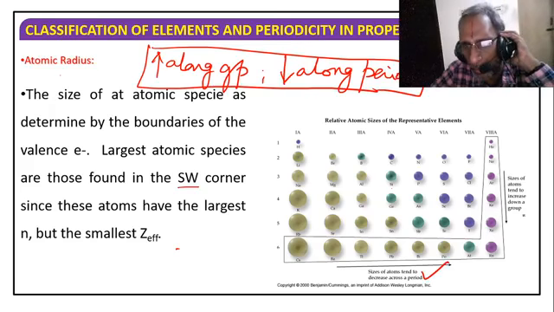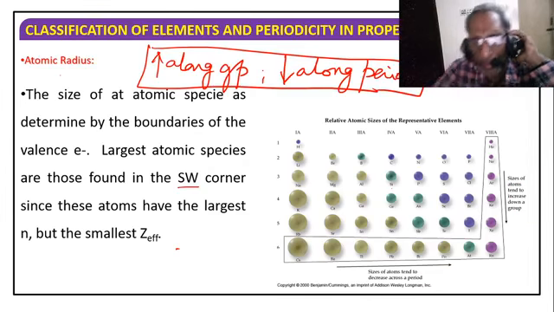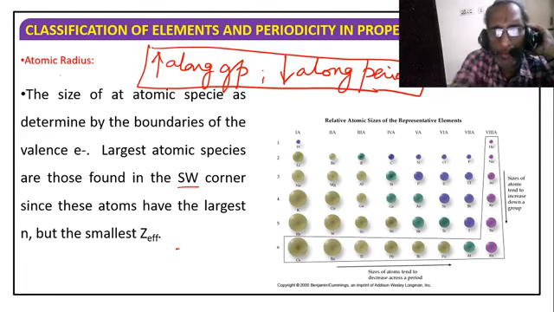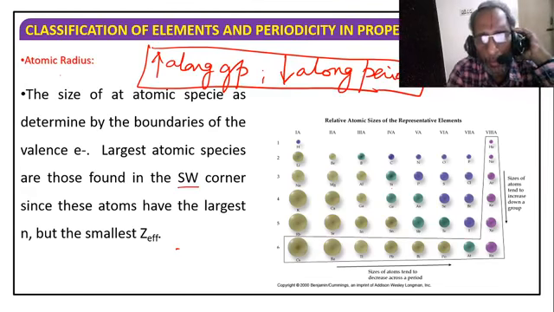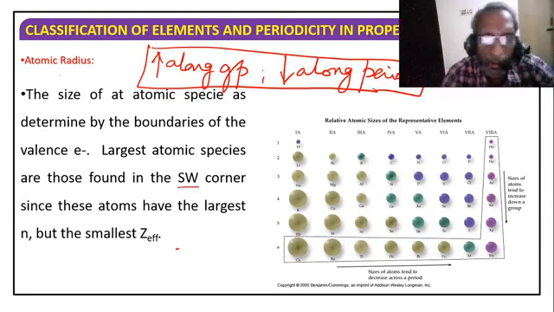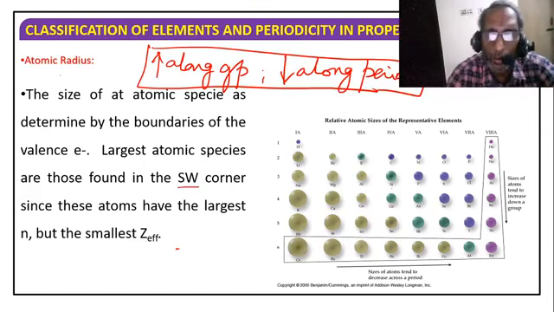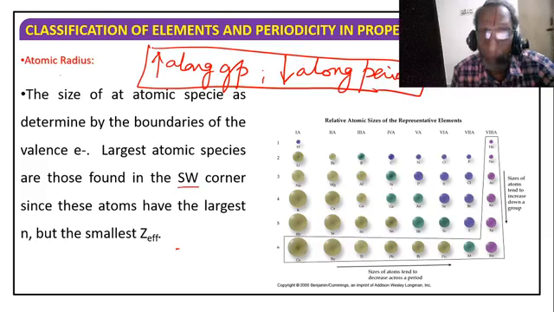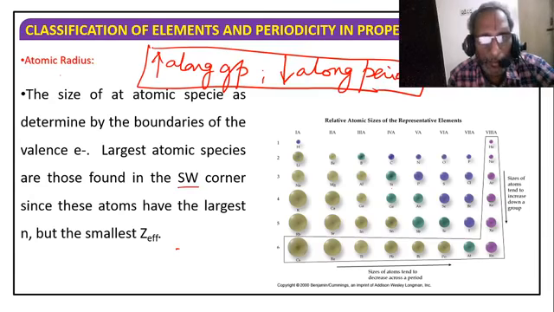I think it is visible. The size of the atom tends to increase down a group, from top to bottom. The size of the atom tends to decrease across a period from left to right. Across a period means left to right; down the group means top to bottom. So you have to note down how radius varies along the group.